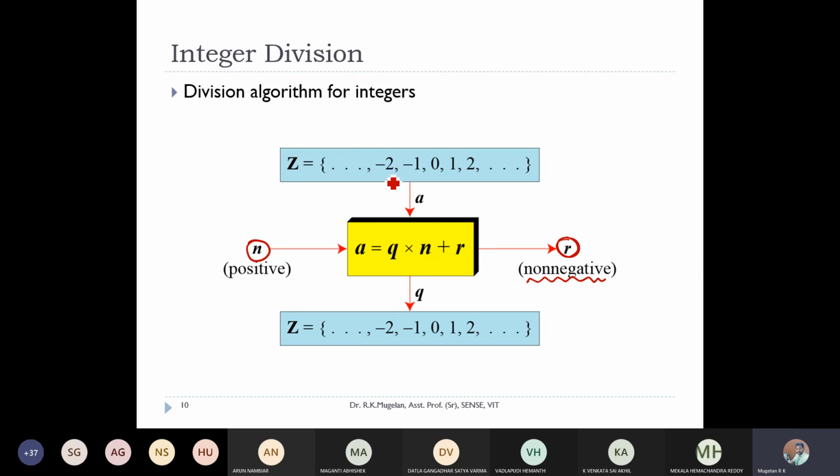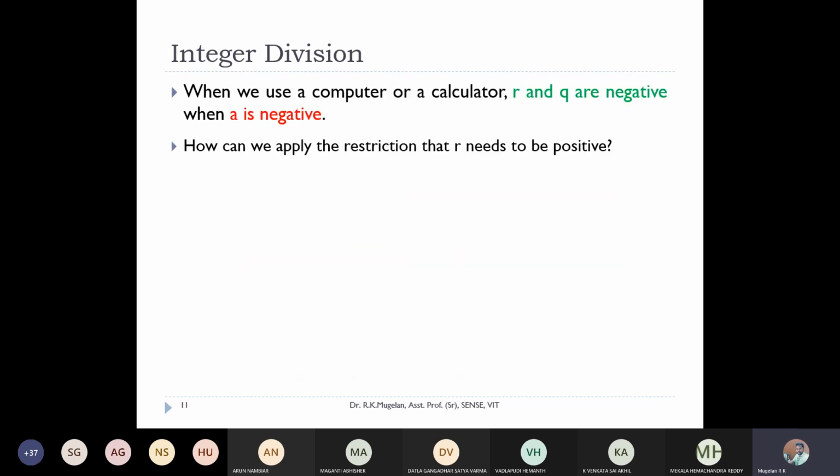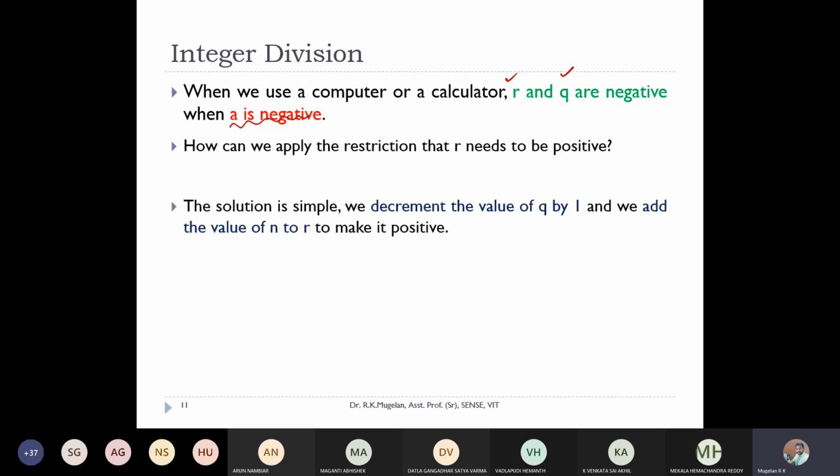Whatever value a takes, a can be negative also. The quotient is none of my business. I'm not going to bother about the quotient at all, but my remainder should come out as a non-negative value. When a is negative, the remainder will come out negative. If you want to push r to a positive value, you have to decrement the value of q by 1 and add the value of n to r.